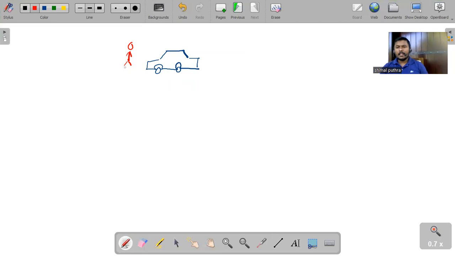Why? This is complicated. So I have an idea to sell my car and I advertise it. I will sell this one for 50 lakhs. That means 5 million. But I need a buyer. Then I should find a buyer.